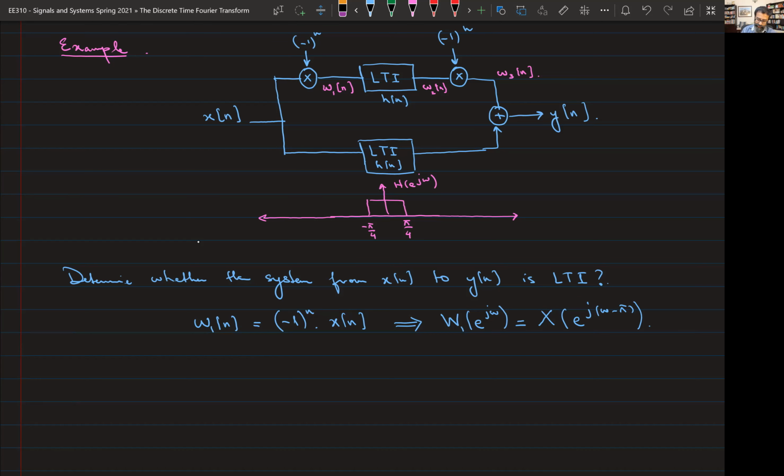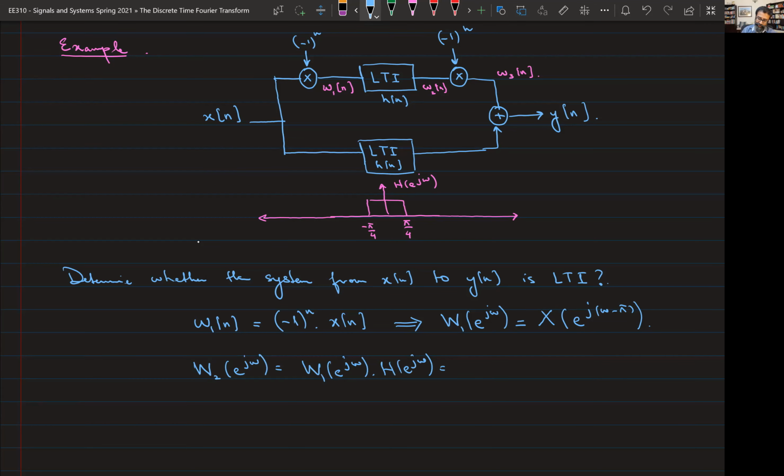Now, what about W2 of e raised to j omega? W2 is equal to W1 of e raised to j omega times H of e raised to j omega.